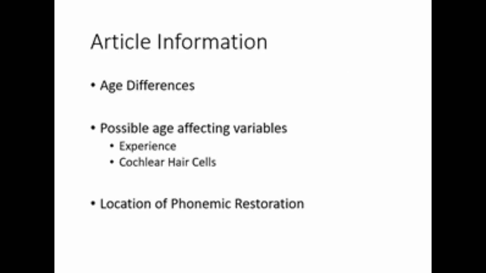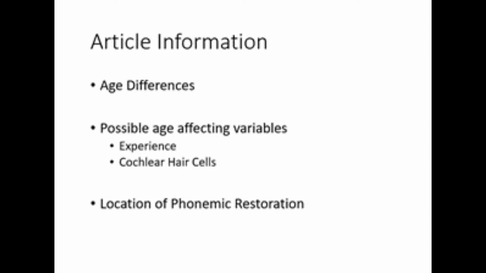Next, I wanted to talk about the other variables that can go into the age difference as far as hearing and phonemic restoration. One age difference could be affected by less knowledge and experience for top-down processing to occur. This can be found in younger children because they don't have the experience with contextual cues or linguistic knowledge to be able to use top-down processing as easily as adults can.